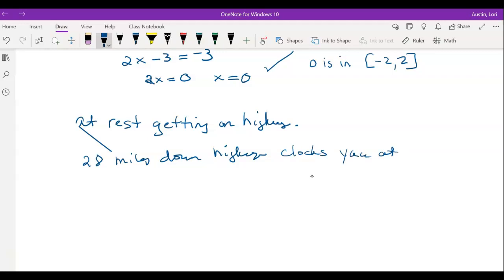And you're like, cool. I was at rest when I saw the first cop car, so I'm good. I'm only doing 60 miles an hour when I see the second cop car, so I'm good. But here's the problem. Only 19 minutes go by.